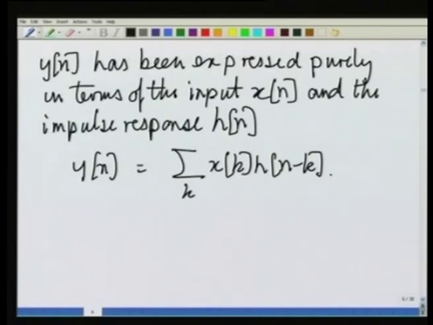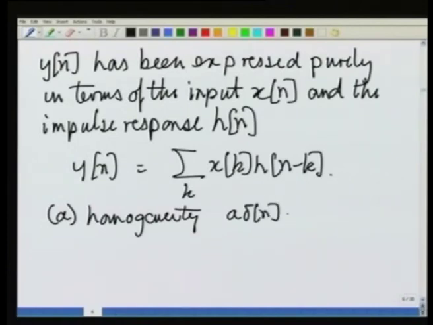As I said, in order to get this result, we have used all three properties that we have assumed of the system. In the very process of deriving this expression, we have used homogeneity, that is to say that A δ[n] must yield the output A h[n].